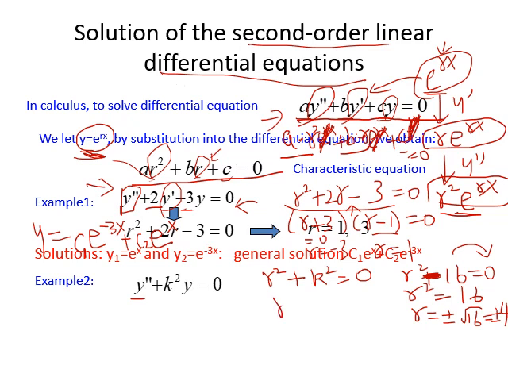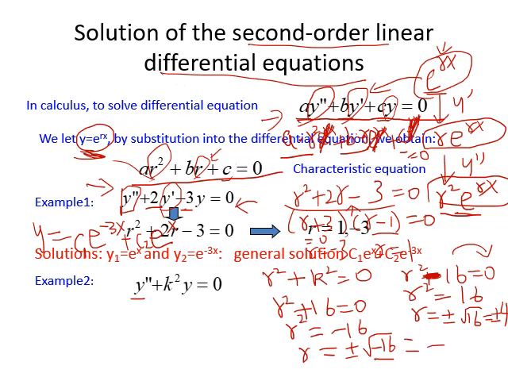What about r squared plus 16? Do the same thing. R squared equals -16, and r should be plus or minus the square root of negative 16. You see, the square root of negative 16 is not a real number, so it's imaginary.